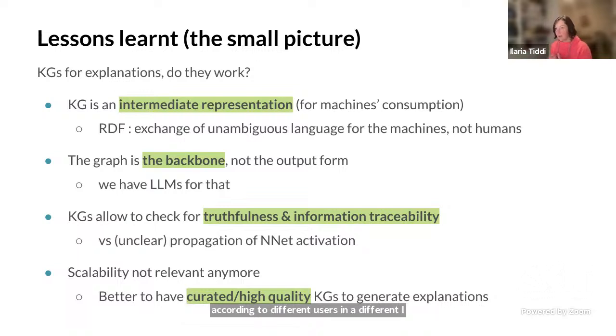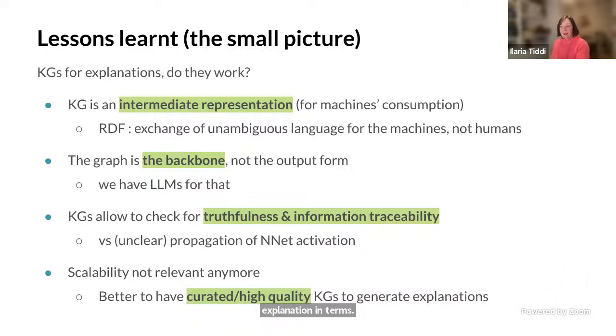An expert user might need a longer explanation with more arguments, and a non-expert, a layman, might need a much shorter and simpler explanation. And LLMs are great at doing that.